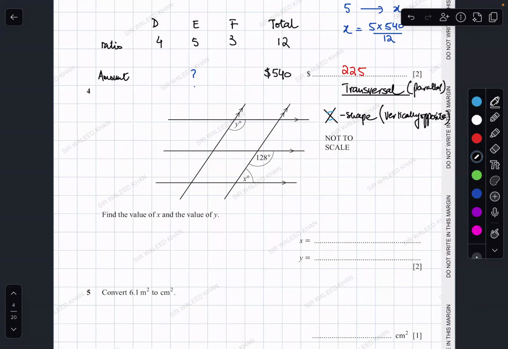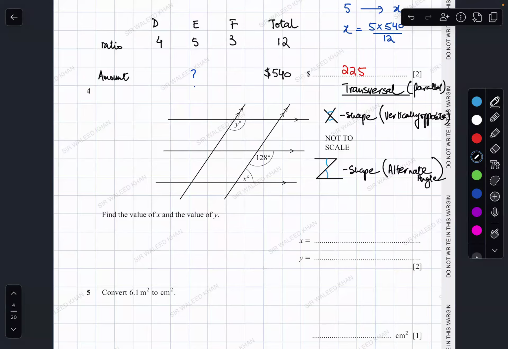Then we have angles in the shape of a Z like this. It can be an extended Z. So you have to look for such kind. Then in a Z shape, these two angles are equal. We call them alternate angles. So if they ask you for a reason, this is the name you have to write.